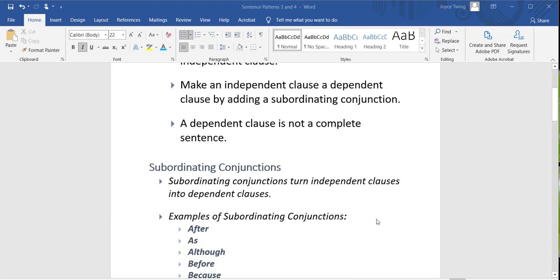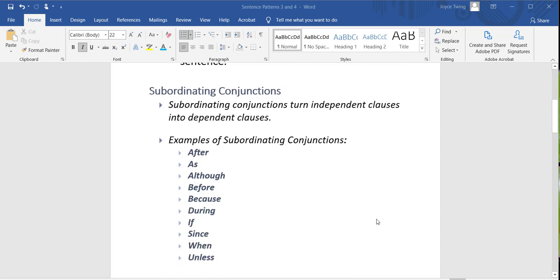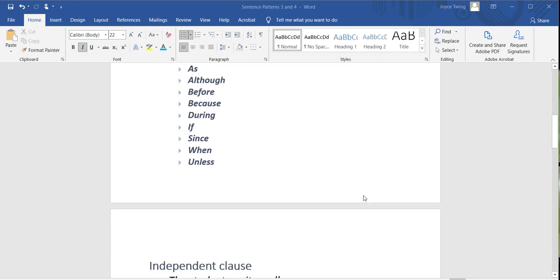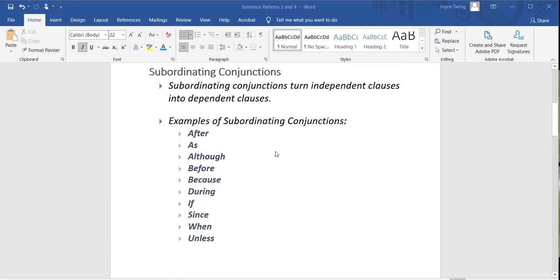Now, here are some examples. These are not all of the possible examples, but these are examples of subordinating conjunctions. When a sentence starts with one of these words, you will have a comma at the end of the dependent clause.